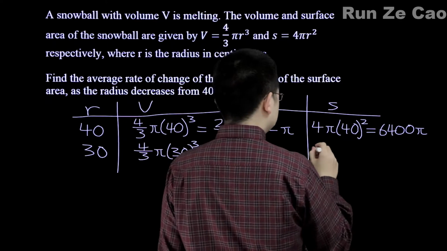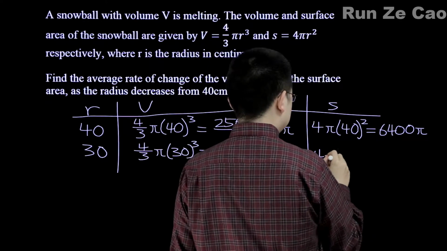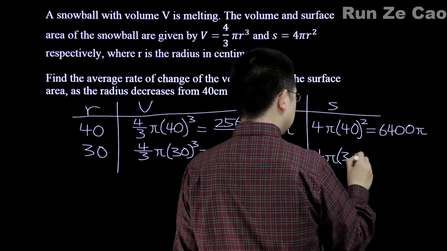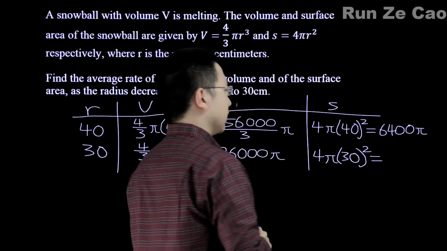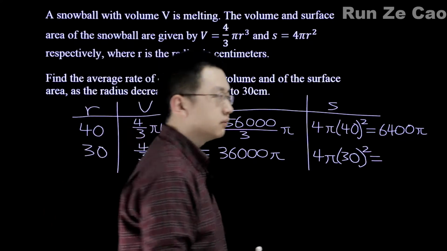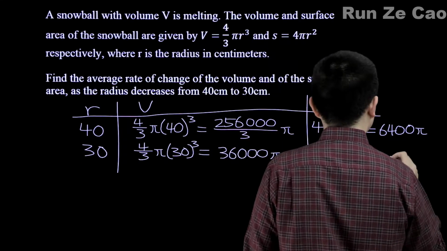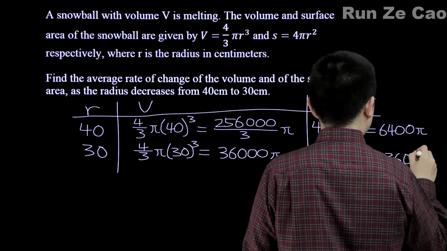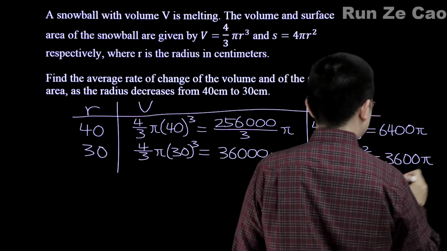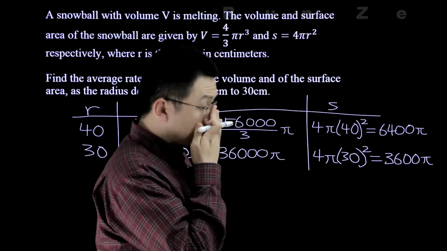And 30, this is going to be 900 times 4. So 3600 pi.